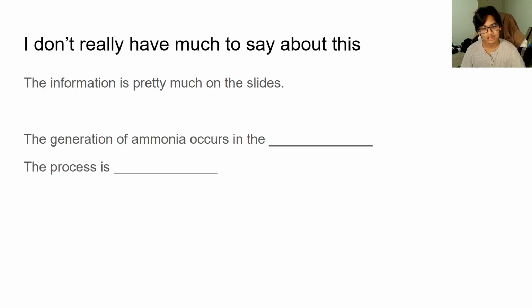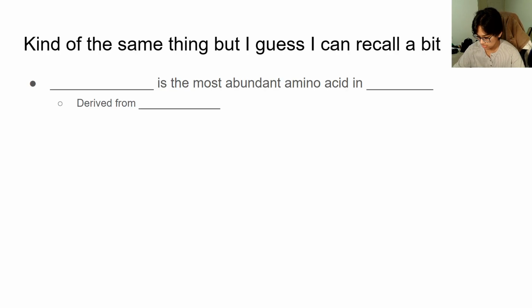Okay, generation of ammonia. I don't really have much to say about this. The generation of ammonia occurs in the mitochondria, and the process is reversible. Okay, transport to the liver. Kind of the same thing because it's on the slides, but the most abundant amino acid in blood is glutamine.